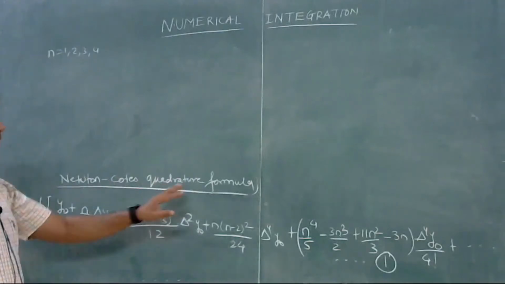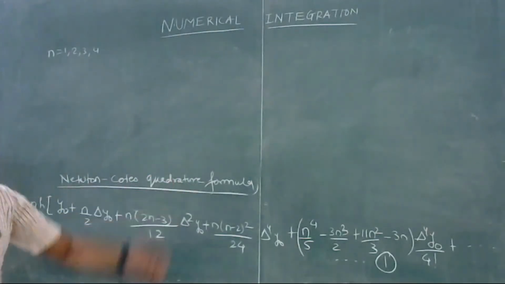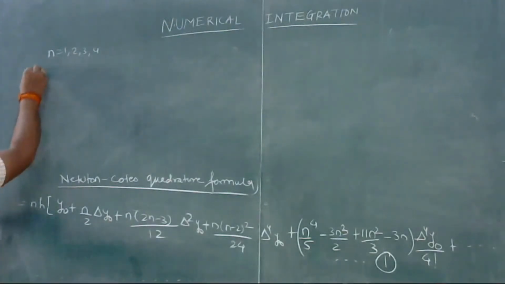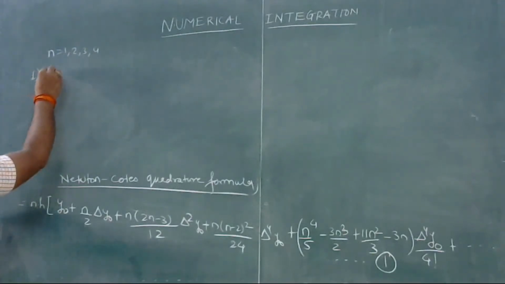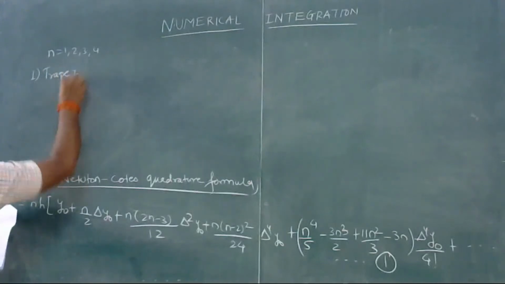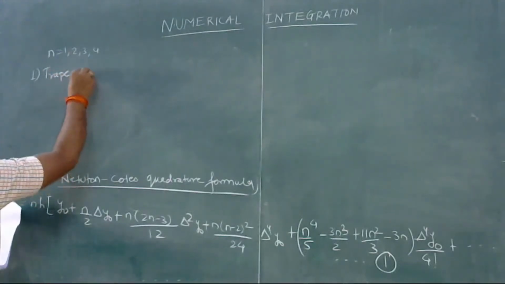Okay, so this is the basic formula. So first is the trapezoidal rule.